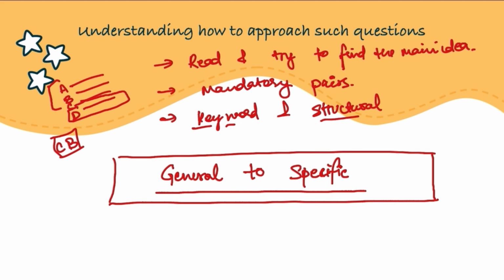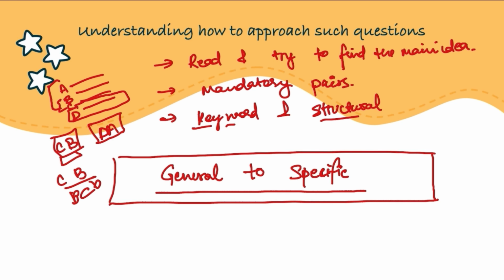So this is how we can use this rule commonly. Then in the mandatory pairs as well, how do we know that C will come before B and not BC? How do we know this? We again will know this by the general to specific rule. We will compare and find out which one is the more general one out of C and B, and then put that one first. Again, if I can figure out that there is one mandatory pair and another mandatory pair in these sentences, how do I know which one to put first?